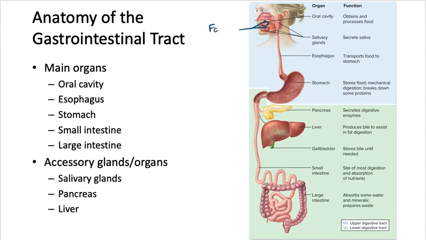And the food that we eat is made up of our 4 classes of macromolecules. So you should remember what those are. We have carbohydrates, lipids, proteins, and nucleic acids.